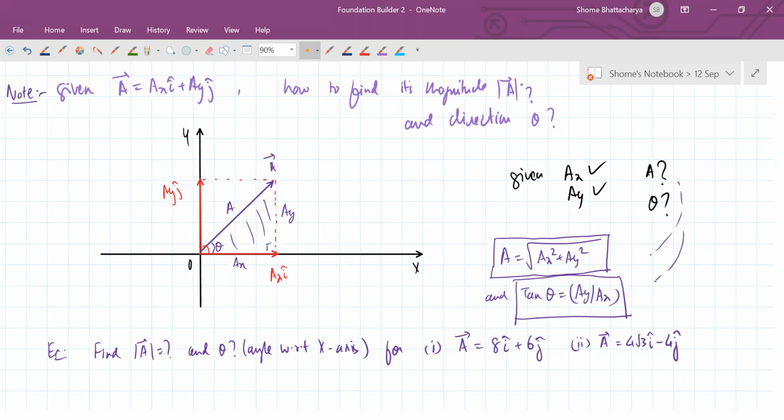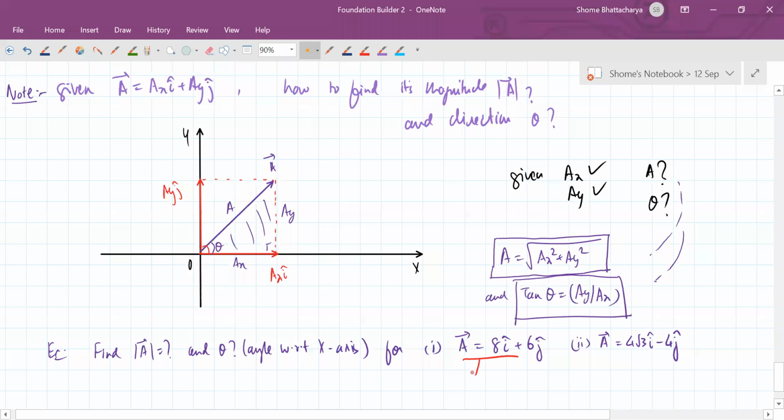That's correct. The tan theta's value you're given. Okay.